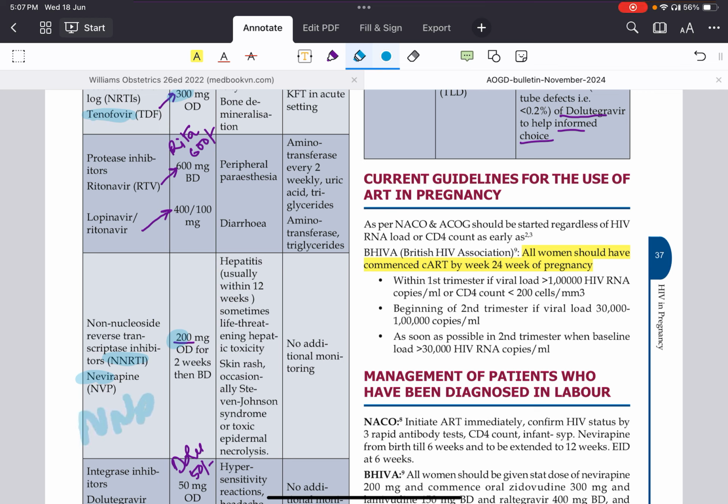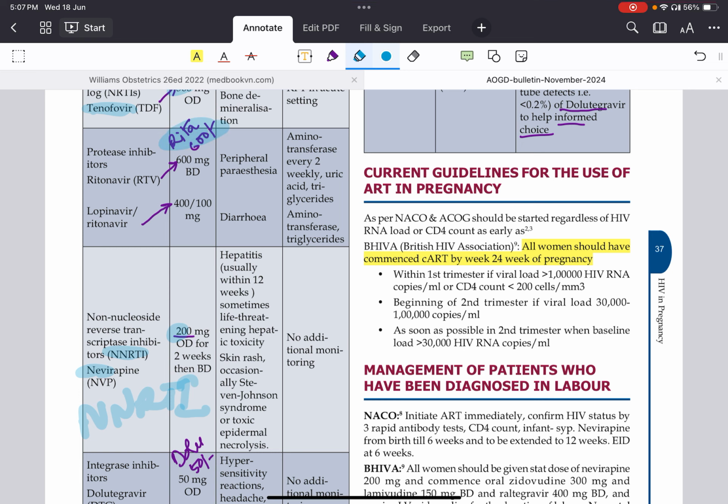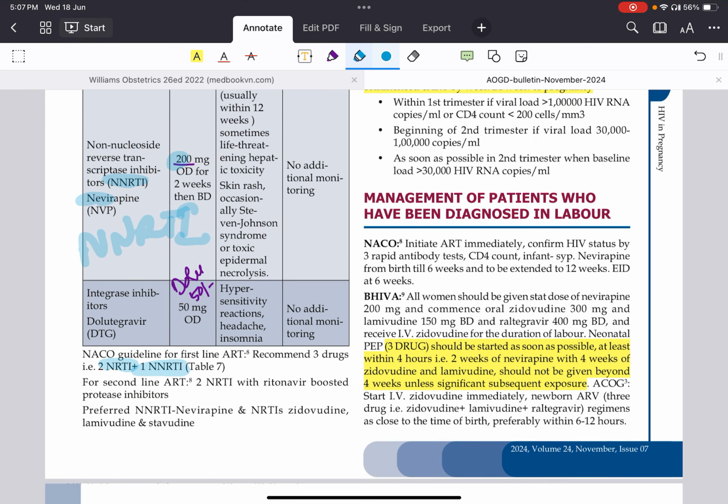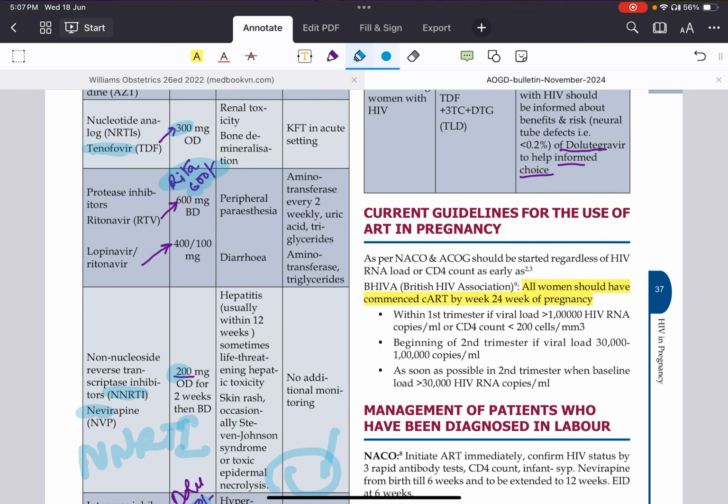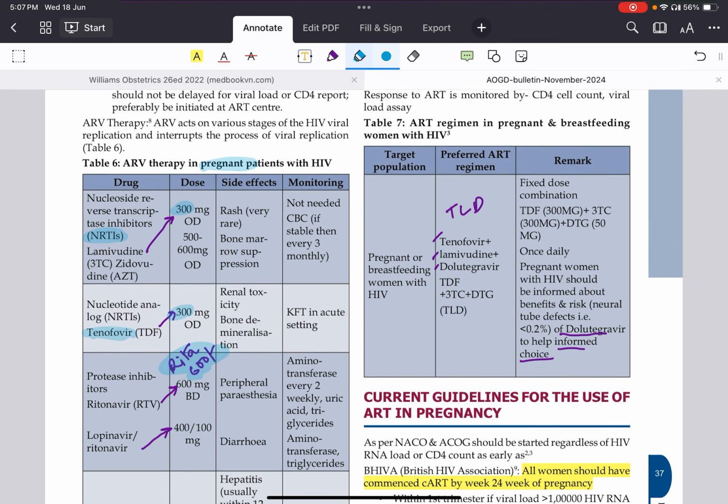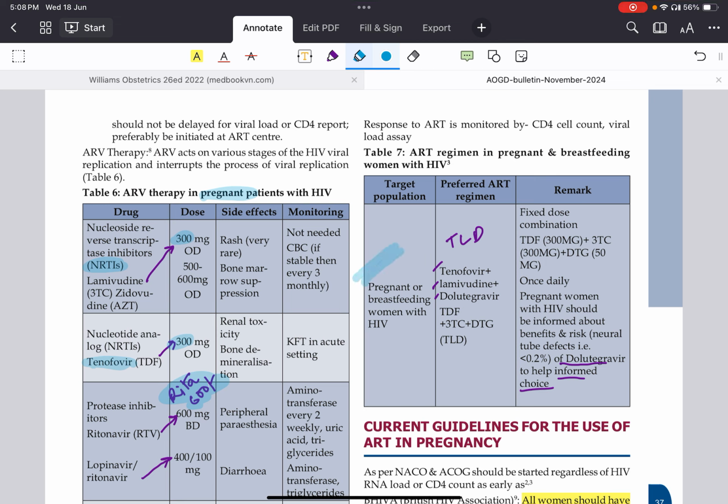It is NNRTI, so 100 less, so it is 200. Then protease inhibitors like ritonavir is 600. Ritonavir is 600. I remember it like that. Then dolutegravir is 50. So I remember this one.